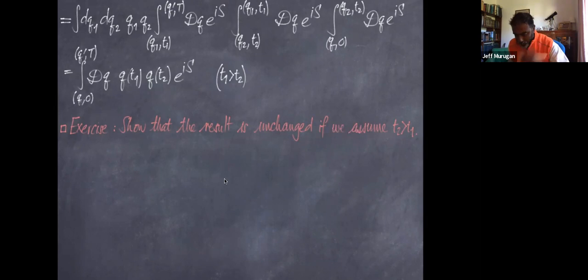Well, the result of these two things together, in other words, the assumption that T1 is greater than T2, and you checking that it is unchanged for when T2 is greater than T1, tells me that the path integral automatically encodes the time ordering in the sense that the following is true.